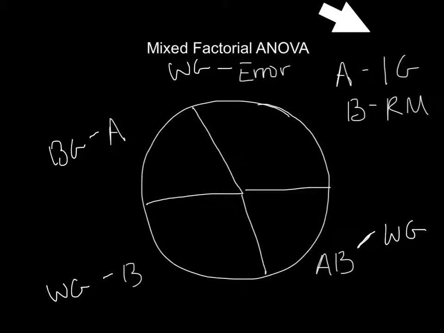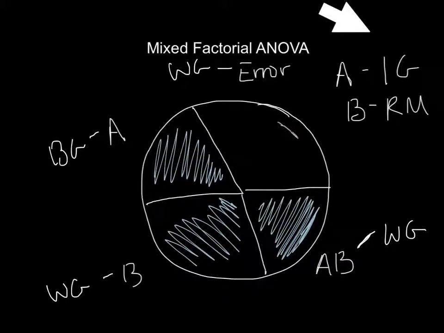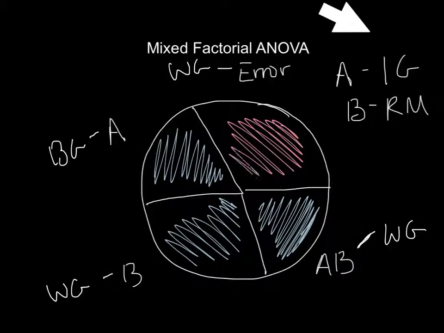But our F ratios will remain the same, where what's explained by our main effect for independent groups is explained, what's explained by our repeated measures main effect is explained, our AB interaction is explained, and the only part that's unexplained is within groups error.